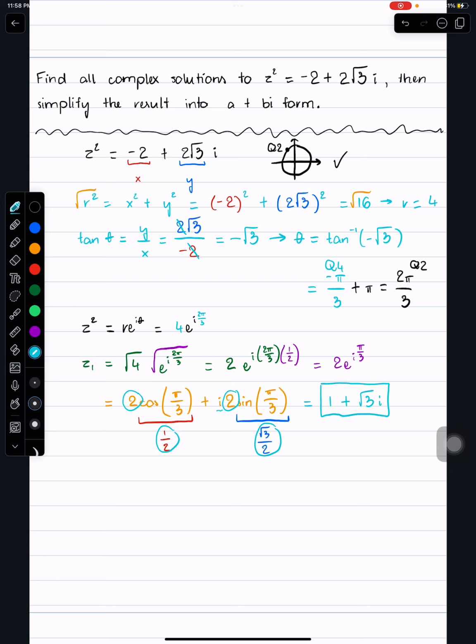So how do we figure out the second angle, right? If you think about it, we have 360 degrees in a circle, right? So let's draw a circle with 360 degrees on it, right? And then if we have 2 solutions in here, that means they are 360 over 2 apart from each other, right?